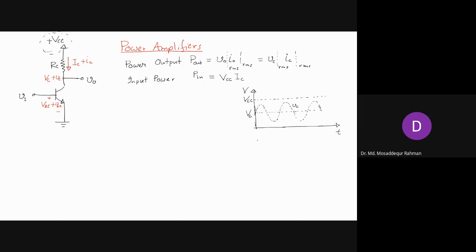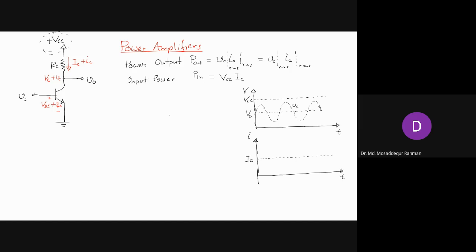Similarly, for the collector current, we can also have this drawing. Let's say this is our time axis again, and this is our current I. Let's say this is our DC collector current IC.